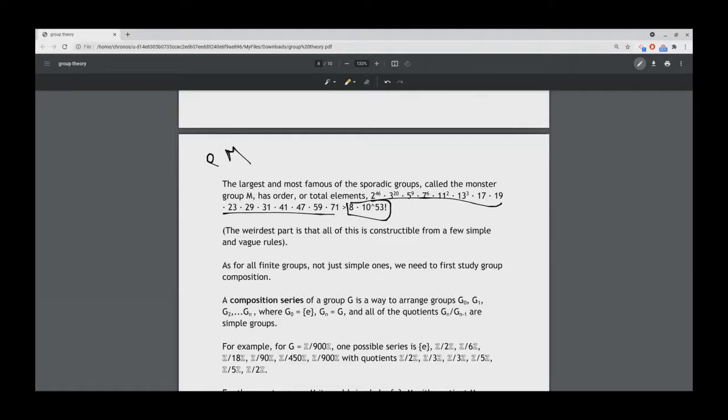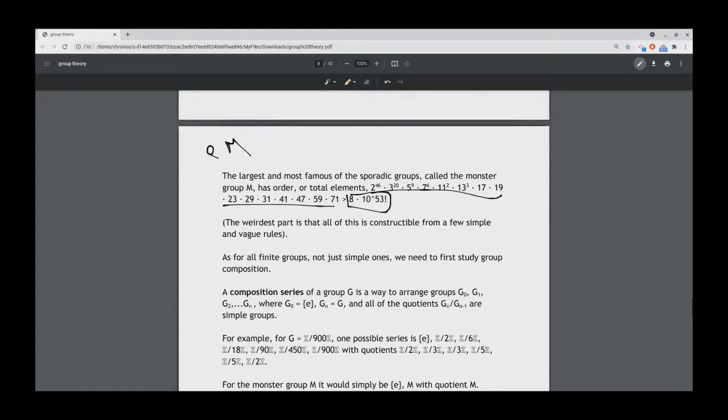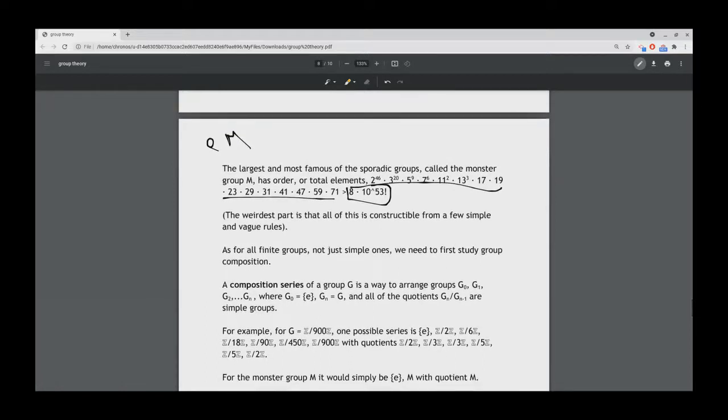It's kind of odd that random messes like this can be generated from just a set of a few simple rules that could be obeyed by relatively benign groups.